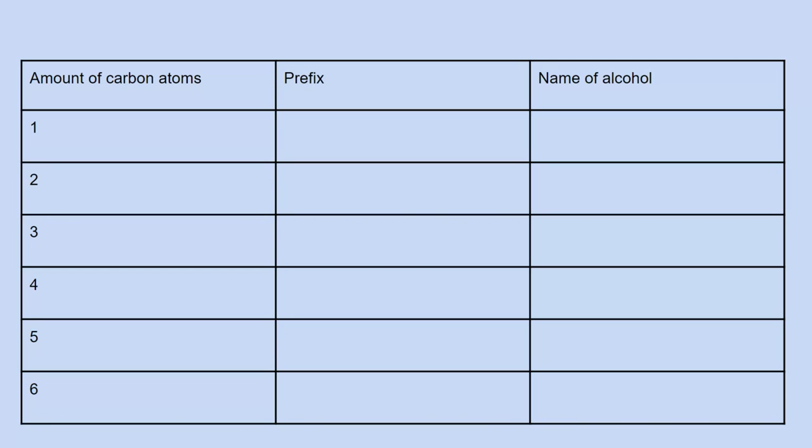With our alkane topic, we know the prefixes. Same with our alkenes, if you've done that lesson already. See if you can remember the prefixes for the amounts of carbon atoms in your chains for the first 6 carbons. Pause the video, see if you can remember them.